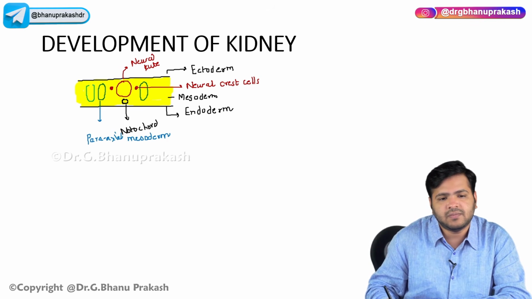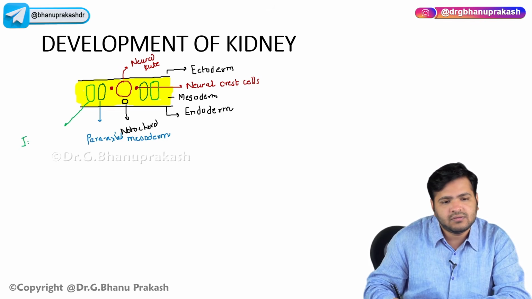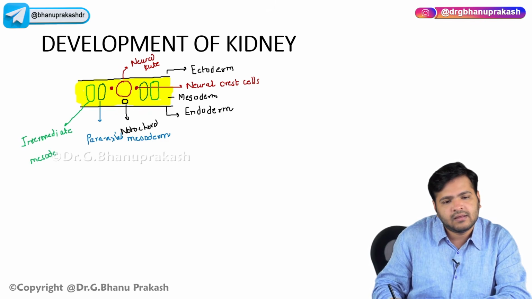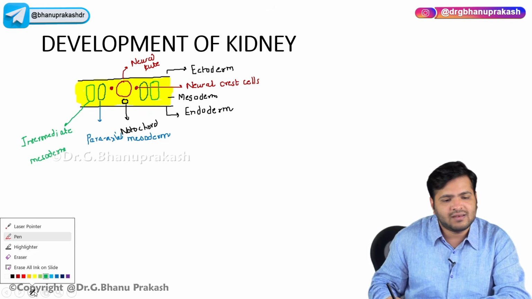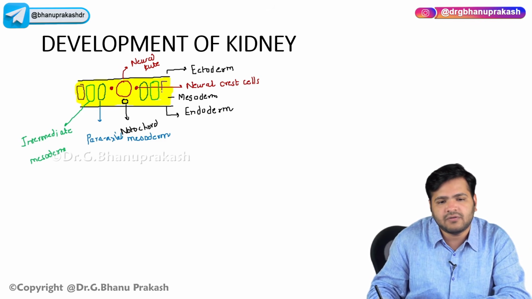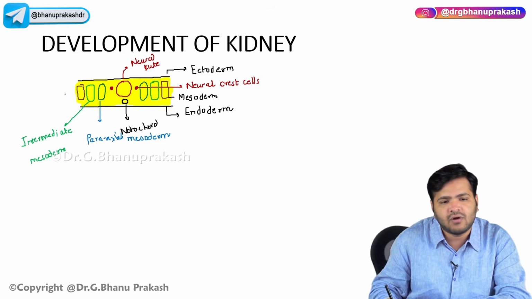Next to the para-axial mesoderm, we have another mesoderm, and it is called the intermediate mesoderm. Now, this is very important. Towards the lateral end, we have another set of mesoderm, called the lateral plate mesoderm.